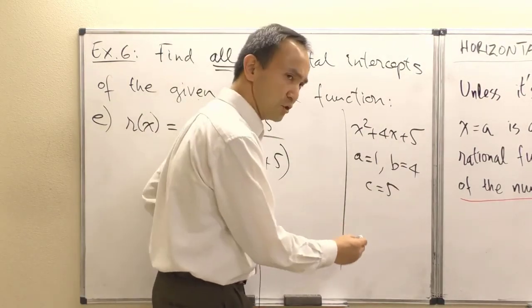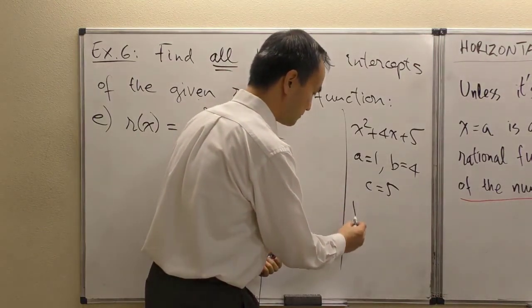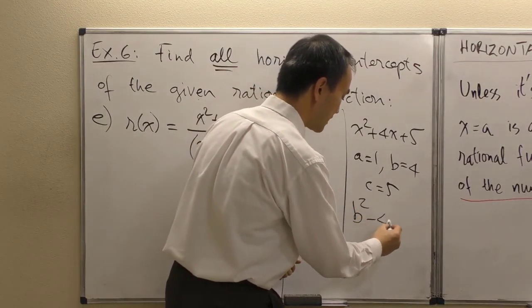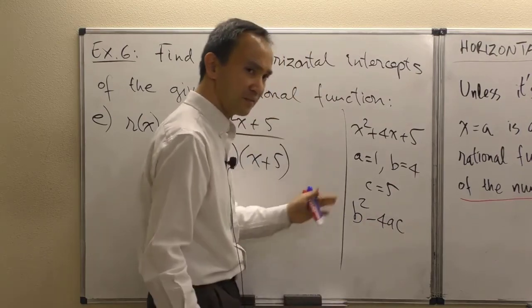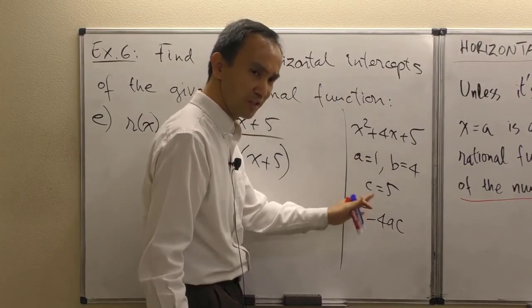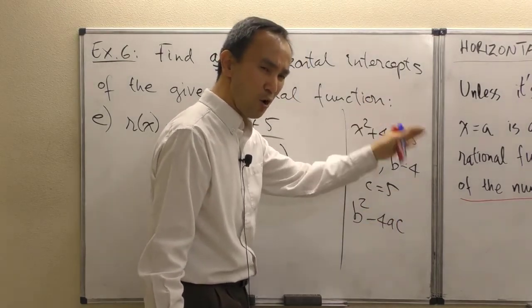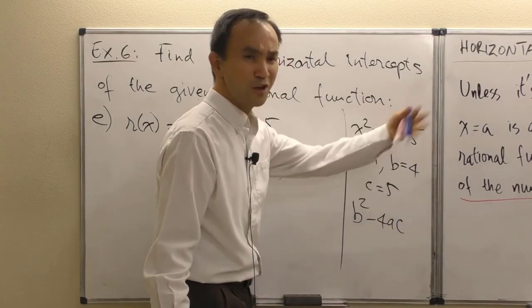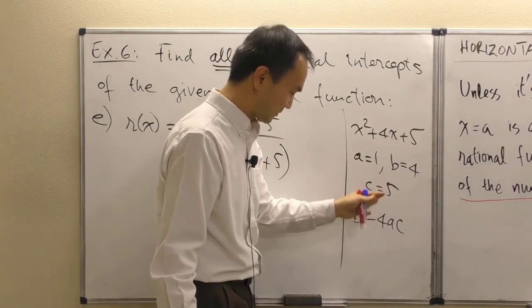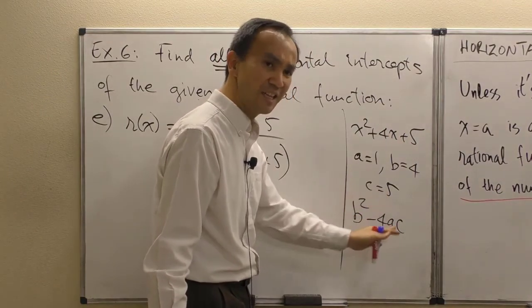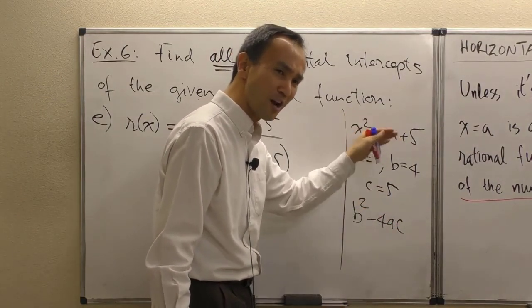Okay, so now this is what I observed right here. The b squared minus 4ac, which I brought in some other lectures, and now I'm using it again. But this b squared minus 4ac technique is only for the quadratic.